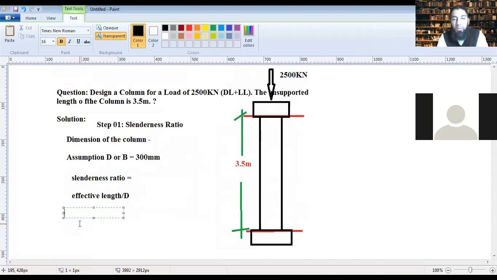It's not given to you whether the supports are fixed or not. Now again, we'll assume fixed supports, because when you have fixed supports, the effective length is the least.